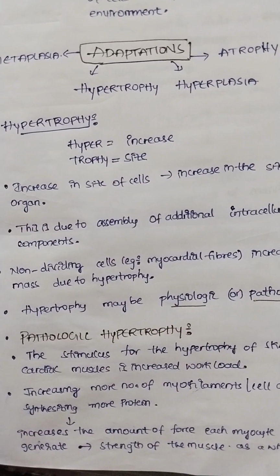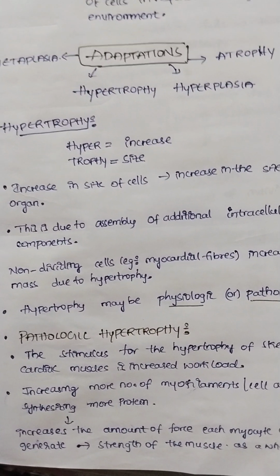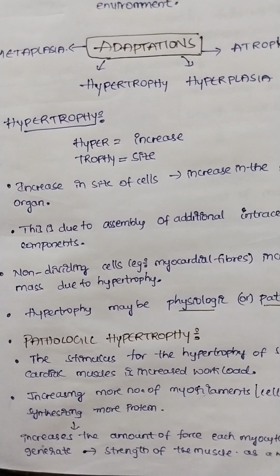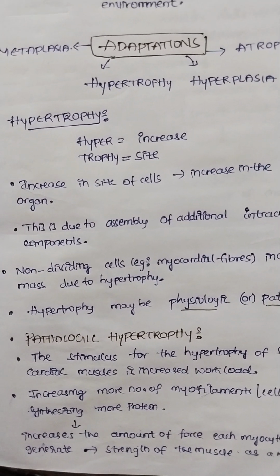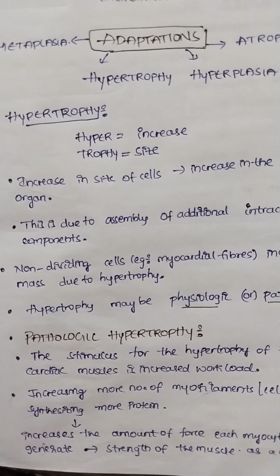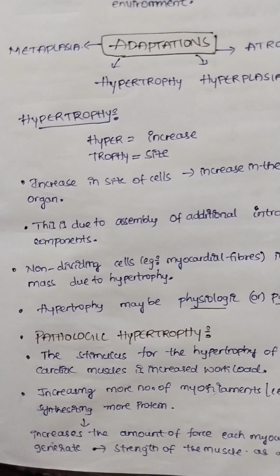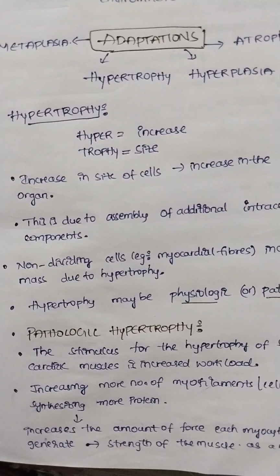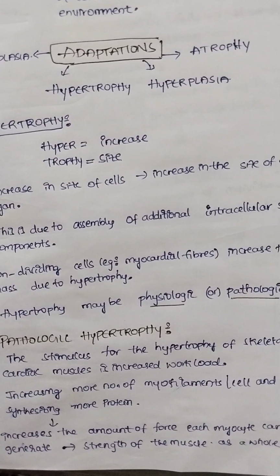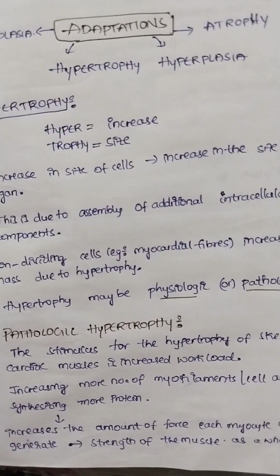If there is increased workload, what will these cells do? By increasing the size they will send signals, because we have so much workload and need some additional nutrients. They will also increase the number of myocytes or myofilaments for synthesizing more protein, which is needed.